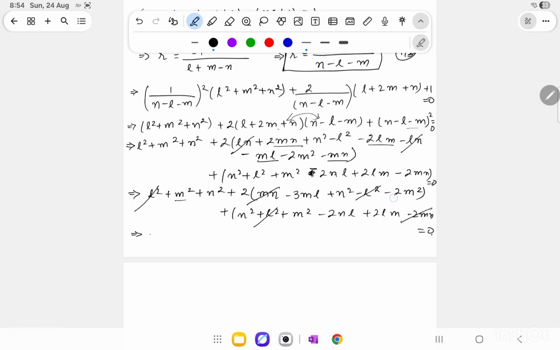M square minus 4M square, 4 because this 2 will take this 2 as well inside. So M square minus 4M square plus M square. So we are left with minus 2M square. Likewise N square plus 2N square, 3, plus 4N square.